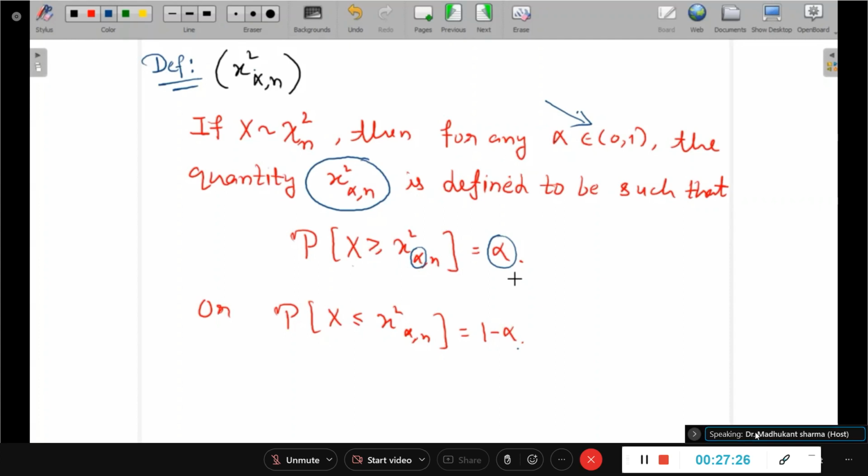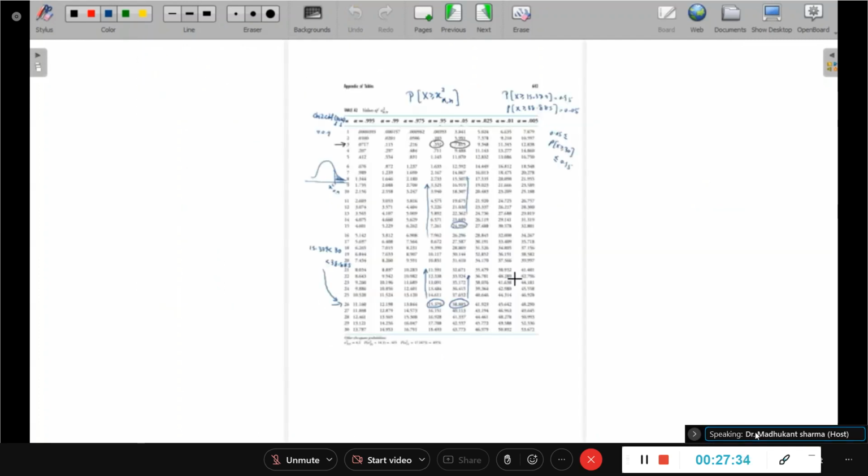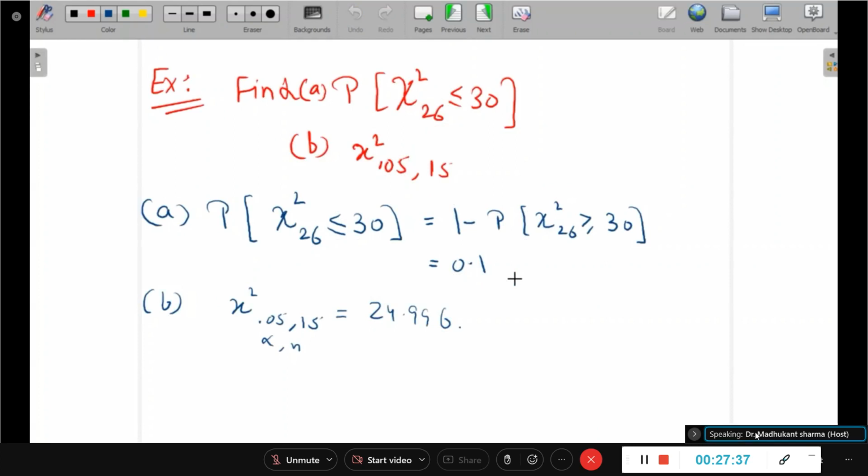Now let's see, if you have to work out problems, how to use the table. That also we will try to understand. So I'm trying to identify this first one: probability of chi-square 26 less than or equal to 30.